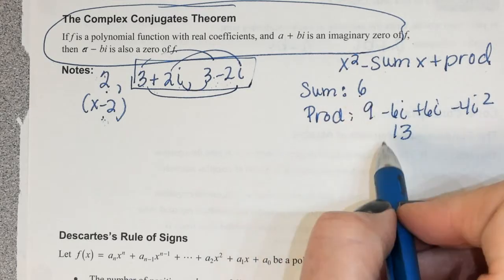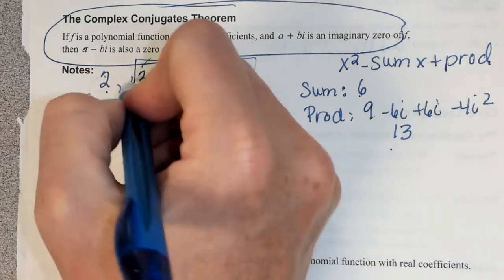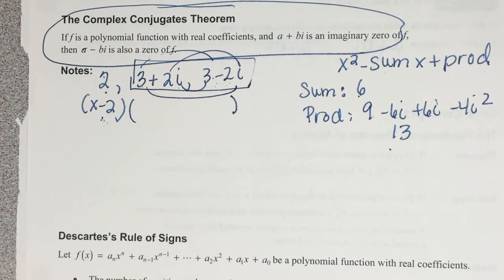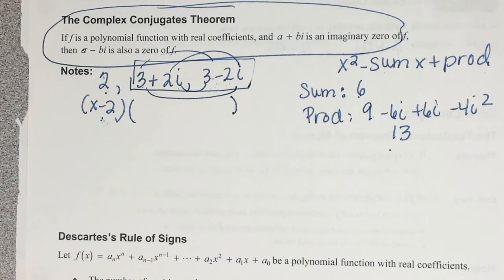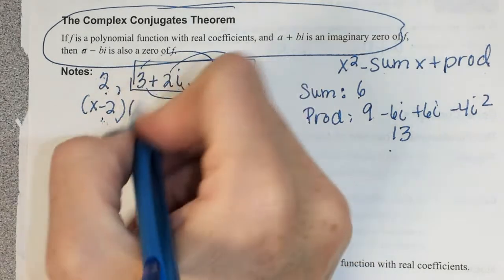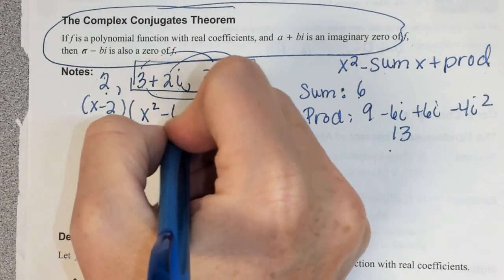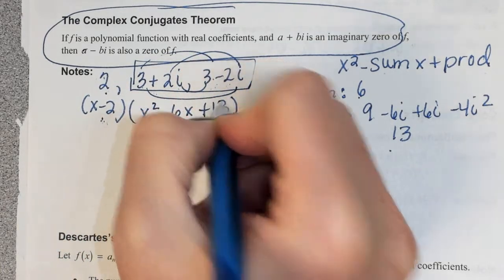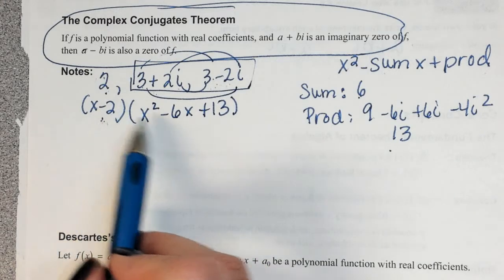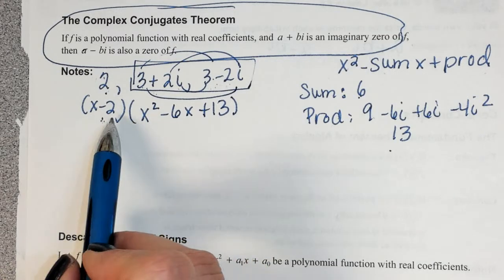So here's our sum, here's our product. Plug those in now. What's that quadratic factor going to be that would cause us to have those solutions then? Here we go. Good job. So there would be our function in factored form. But we don't just want the function in factored form.